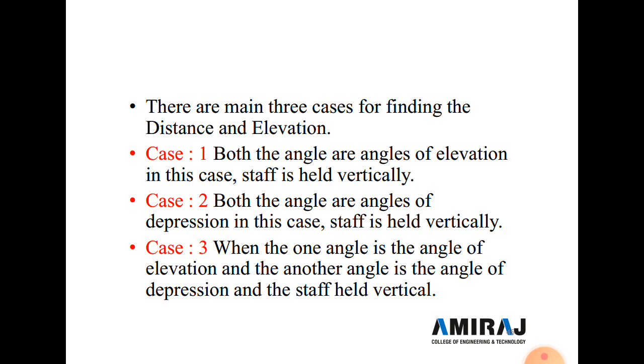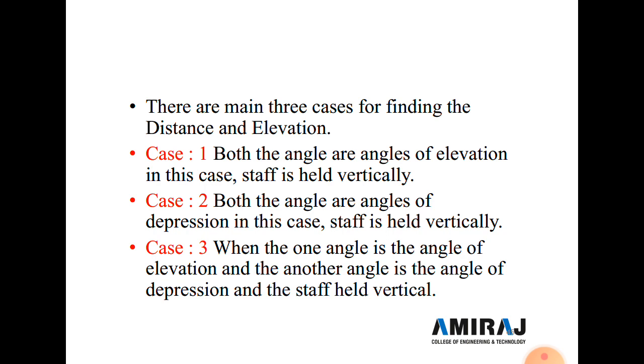Here the angle is given with a negative sign, so both angles are in depression. And case number 3 is when one angle is an angle of elevation and another is an angle of depression.